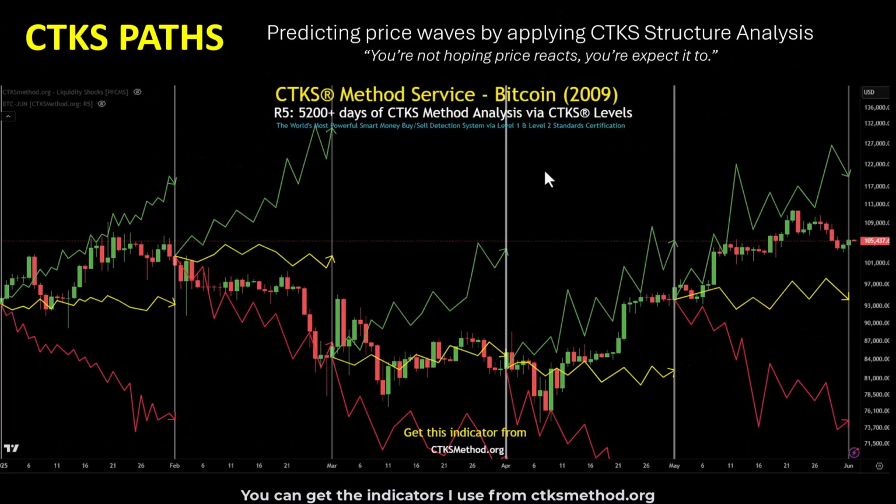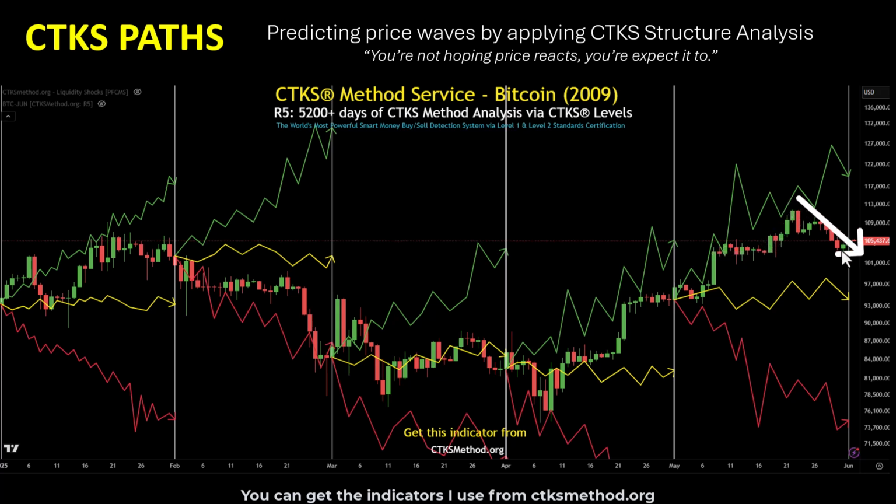One thing to note, these CTKS paths are put up at the start of the month and they're not changed. It's all about the underpinning structure of the chart. And what you will find is structure does change on a month-to-month basis. But these paths are always structurally bound. And we can see for this particular month in May of 2025, we had buyer exhaustion.